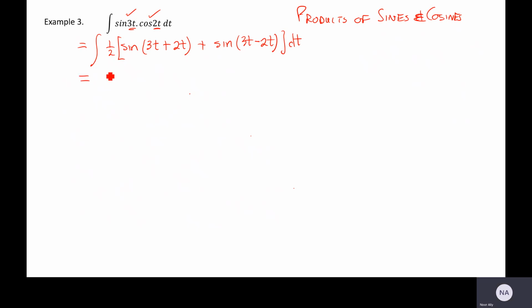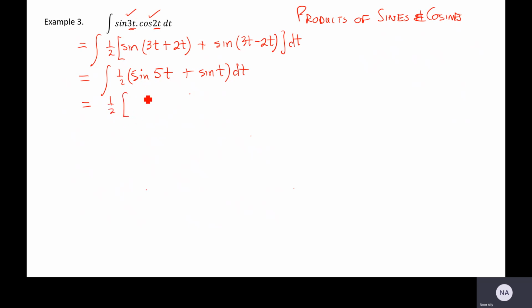And integrating that, I get a half of the sine of 5t plus 3t minus 2t dt. And using your visualization of u substitution, you can write down the answer immediately.